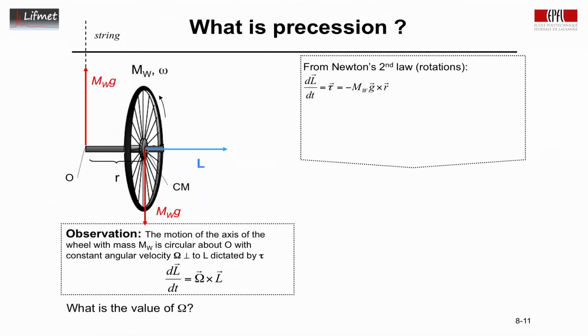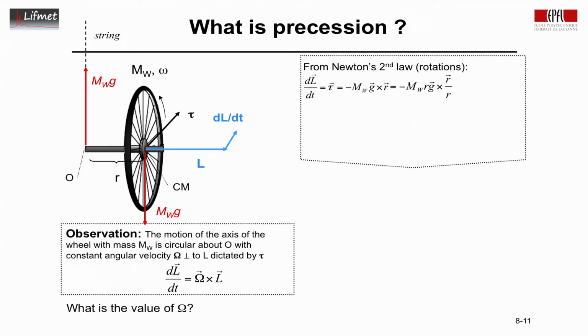Whether we use point O or the center of mass as a reference point, we'll end up with the same equation, so I won't make the distinction here. It is r cross force, so there's a minus if I put the force before the r. That's the definition of torque. So we have the torque in this direction, and this gives us the orientation of the change of angular momentum.